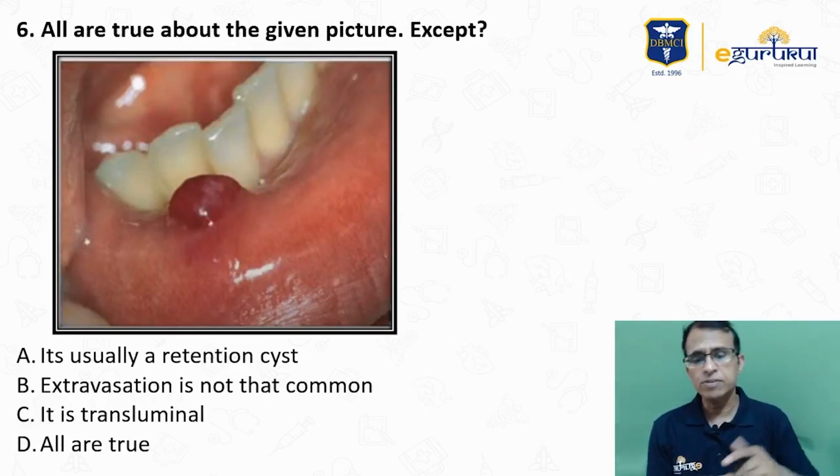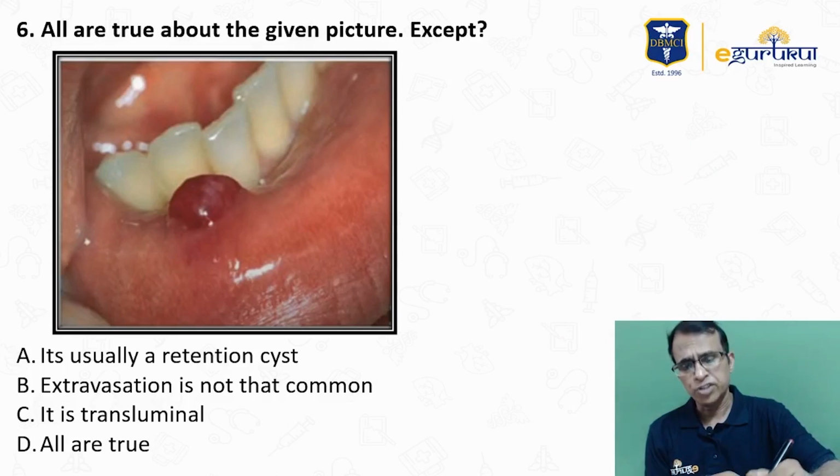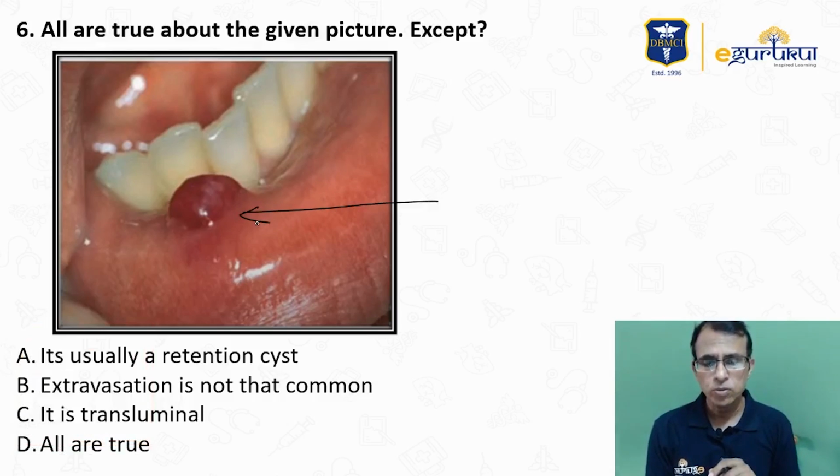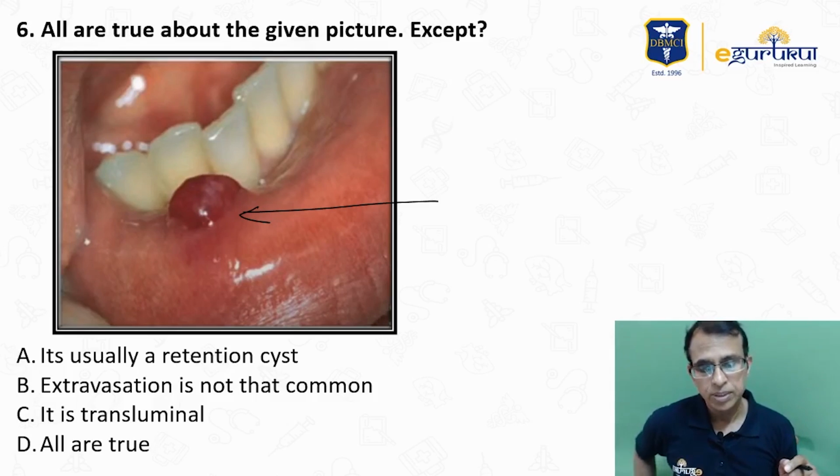Now they've shown this kind of image of a child with a swelling in the lower lip area, and they ask what the following is. It is usually a retention cyst, extravasation is not that common, it is transluminal, all are true.